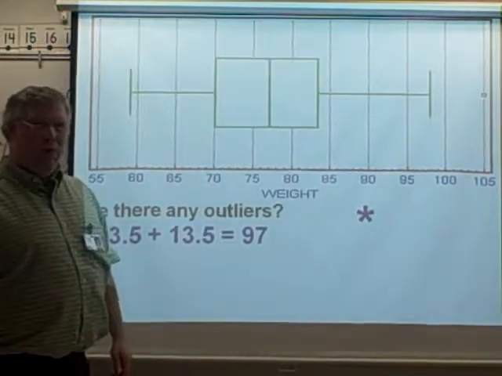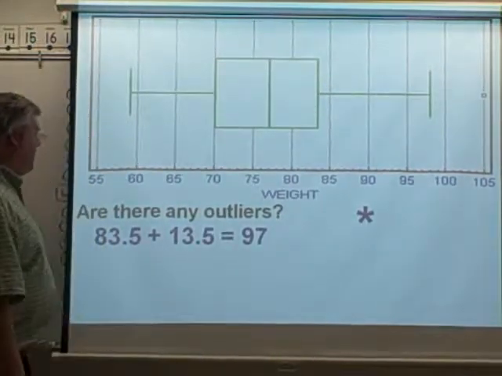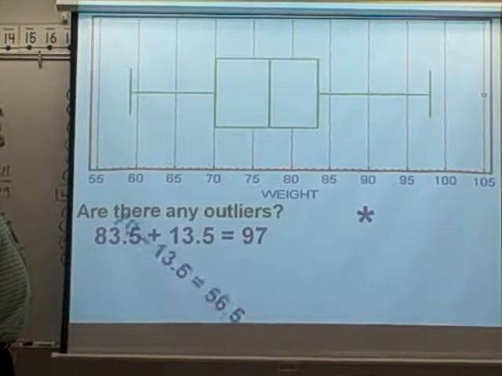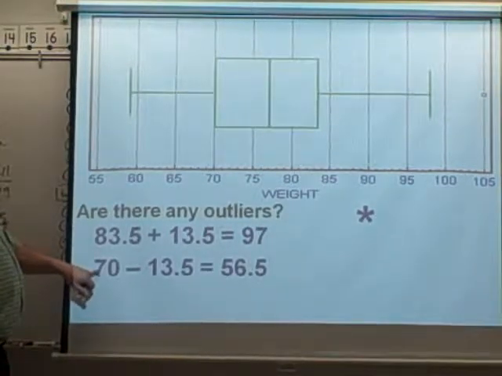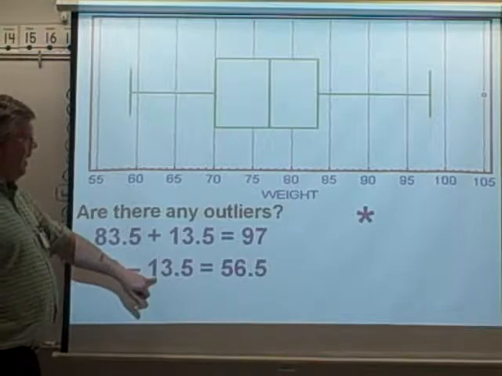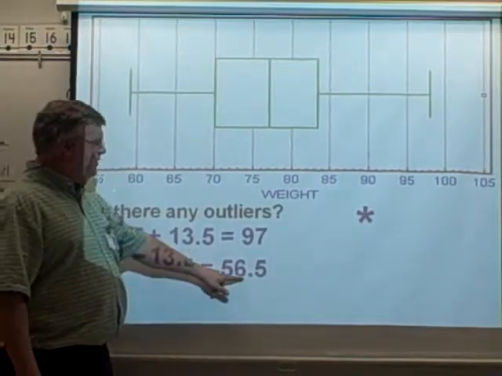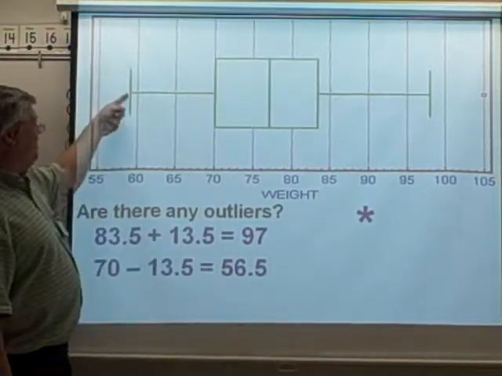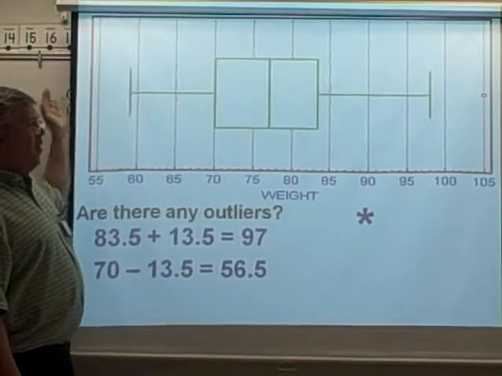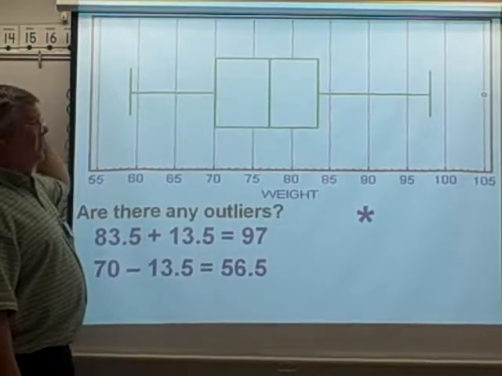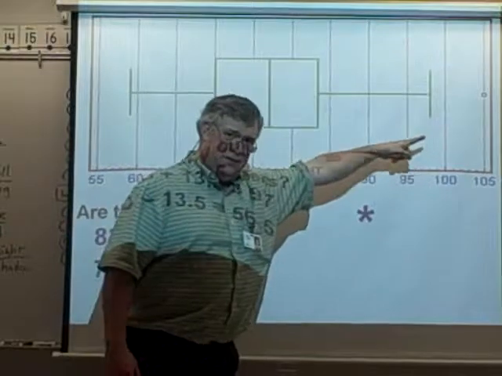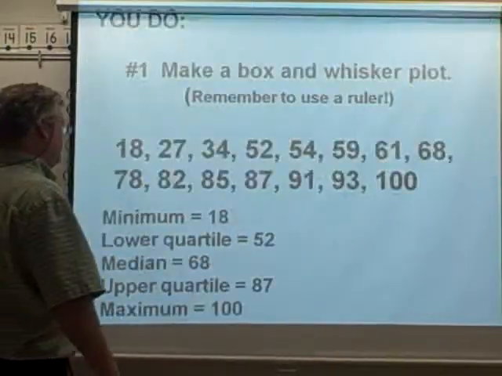We're going to get into that more with a second video. The minimum, the lowest value there, if we take the lower quartile, subtract the interquartile range from it, we get 56.5, which is less than this number here. So there are no outliers in the lower extremes, but there is an outlier in the maximum.